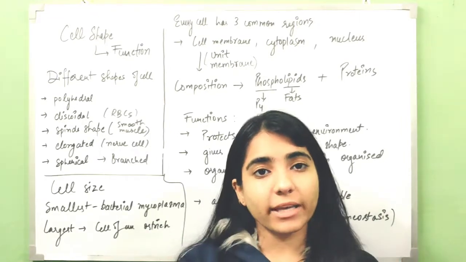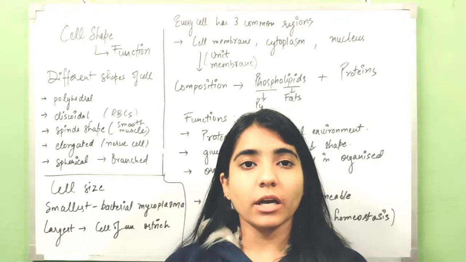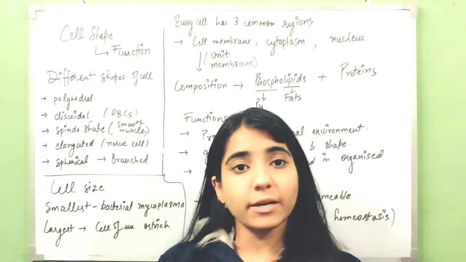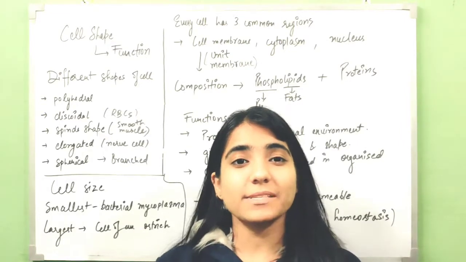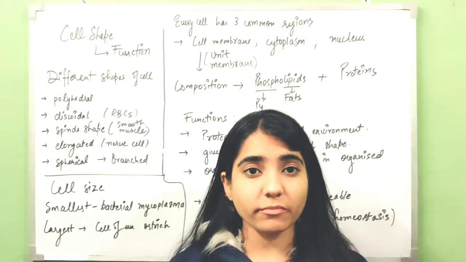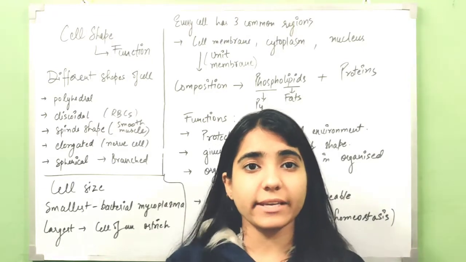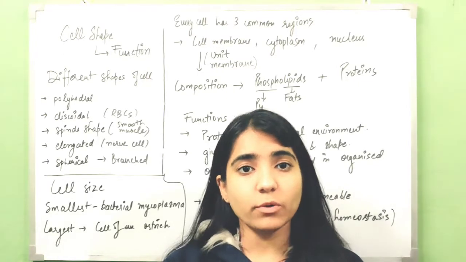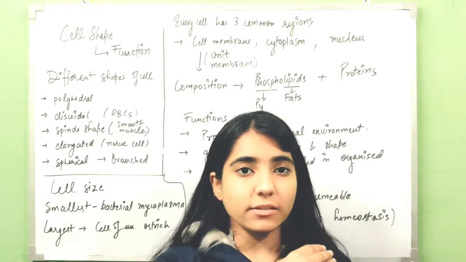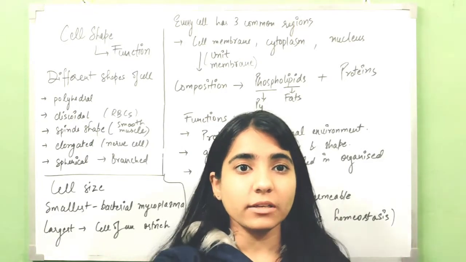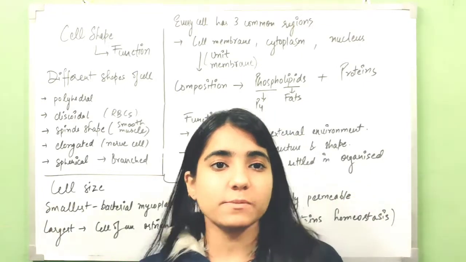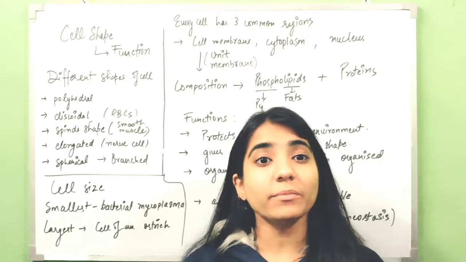But in some other conditions, they create pseudopodia, and at that point their shape becomes irregular. So it depends solely on the function the cell is performing, and that decides its shape. When a leukocyte is circulating in blood, it will be spherical, and when it forms pseudopodia to grasp something, the shape will become irregular.